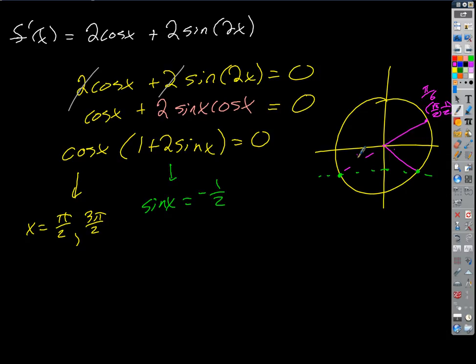So one solution will be pi plus pi over 6. And then what's this one going to be? Yeah, it's going to be the whole 2 pi minus 1/6 pi. So 11/6 pi. So those are our 4 critical numbers then, right?